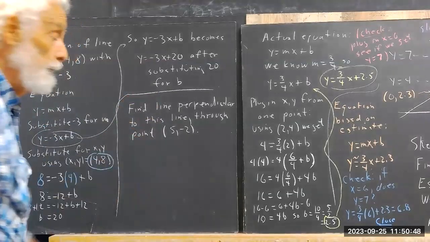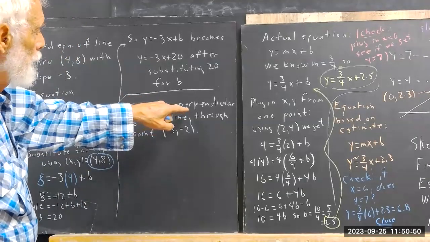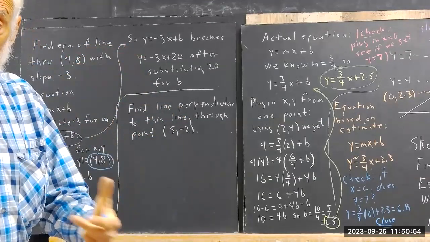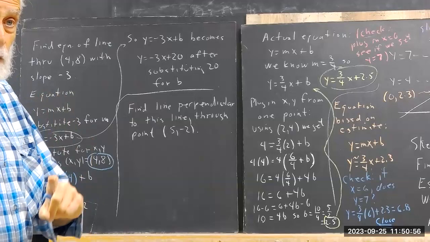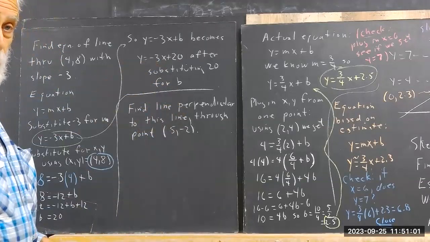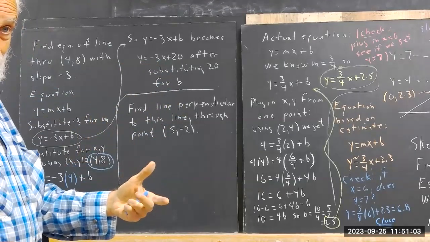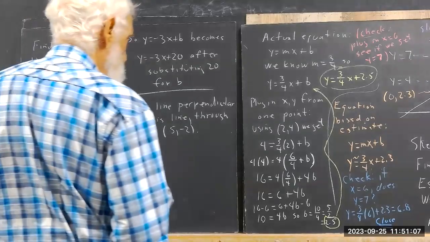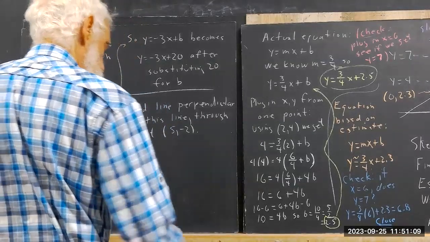The big thing here is, I told you that the line is perpendicular to this line. That means that you know what its slope is, provided you know that the slope of a line perpendicular to the other line is the negative reciprocal of the slope. Okay, so big deal.